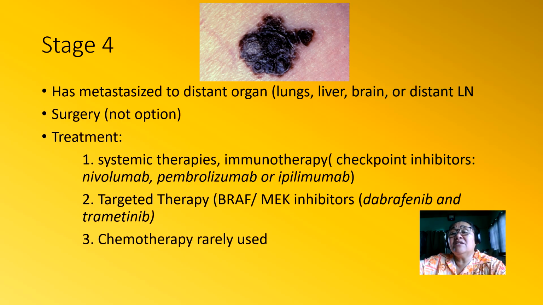Another systemic therapy is targeted therapy, the BRAF and MEK inhibitors. One example of this is dabrafenib and trametinib. This is for patients with BRAF-mutated melanoma. And chemotherapy is also used, less frequently and usually with other treatments.